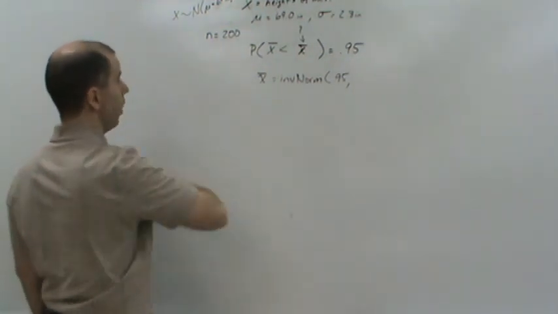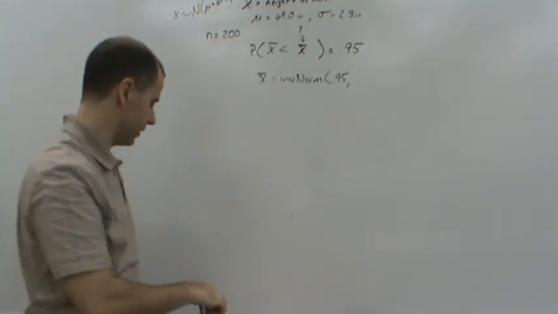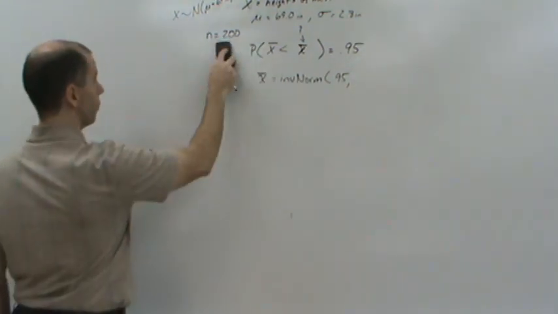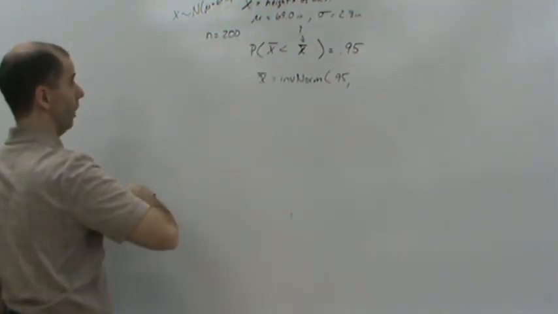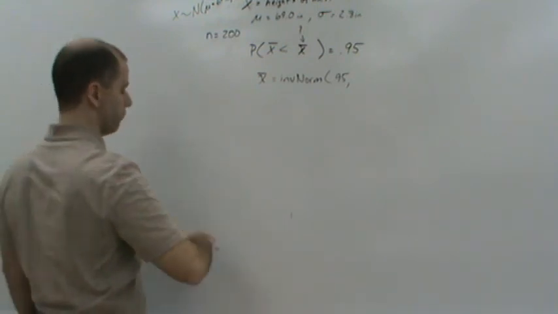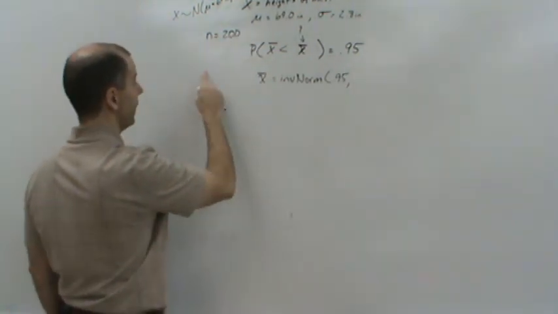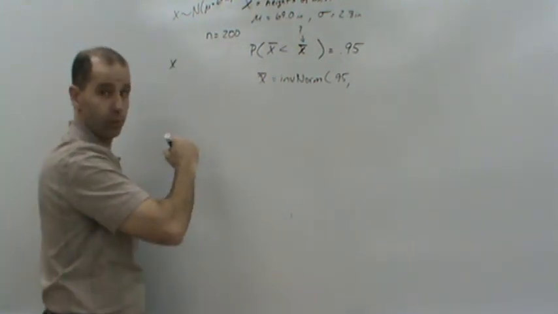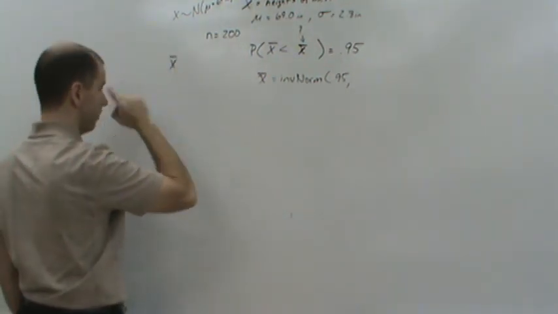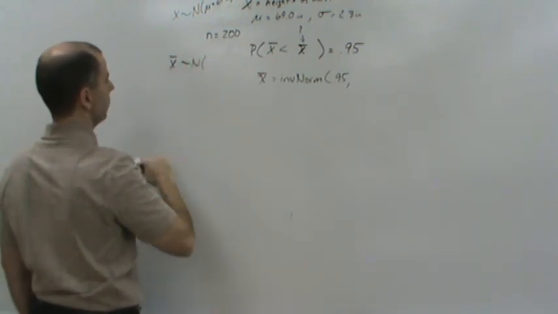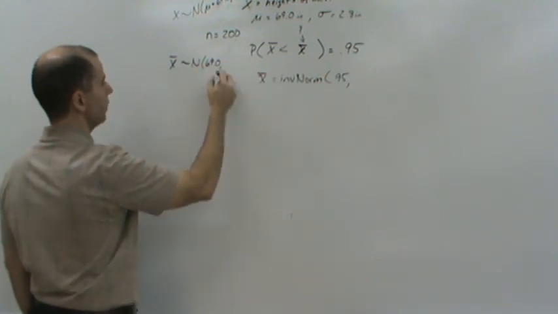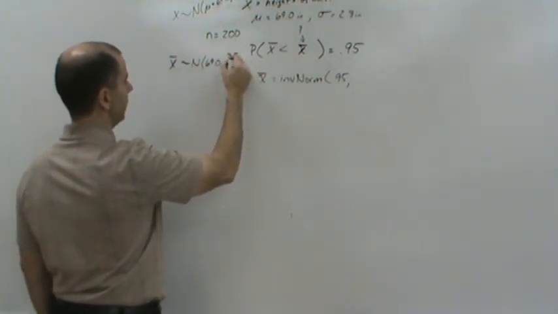So N is 200. So the central limit theorem also gives it to us here. Even if they didn't tell us this, the central limit theorem also gives it to us, because we can assume that we're dealing with a full craft. So in either case, we can assume that x bar is normally distributed with a mean of 69.0 inches and a standard deviation of 2.8 divided by the square root of 200.